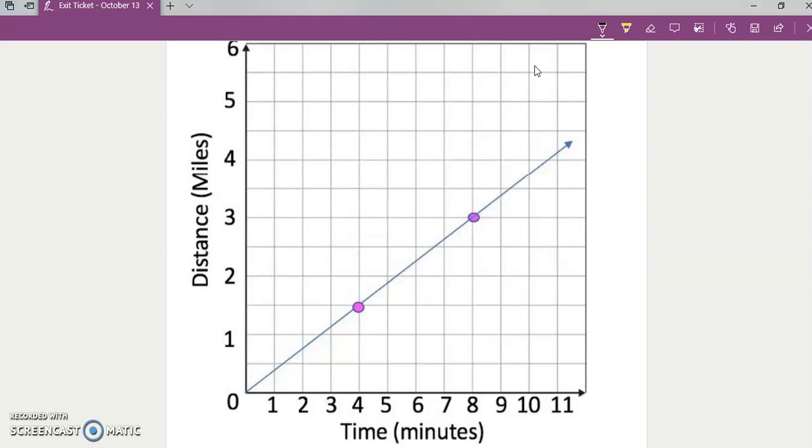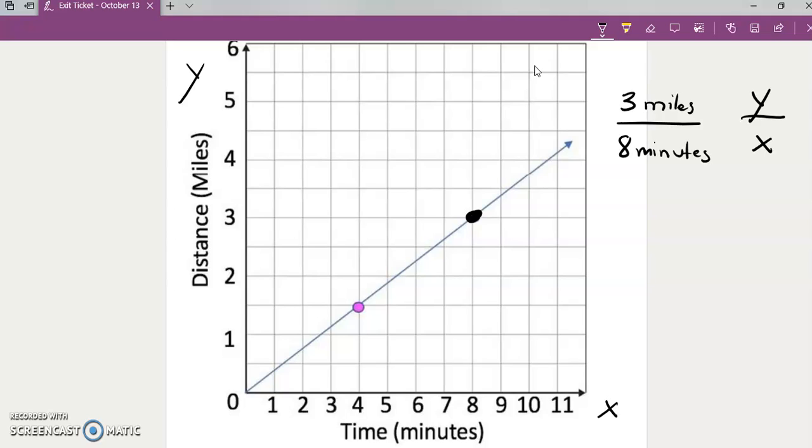So this is my X, this is my Y. I can either pick this point that's 4 and 1.5, or I can pick this point that's 8 and 3. So I'm going to pick this point. So I have 3 miles divided by 8 minutes. That's my Y divided by my X.